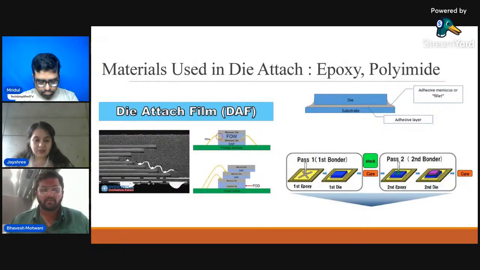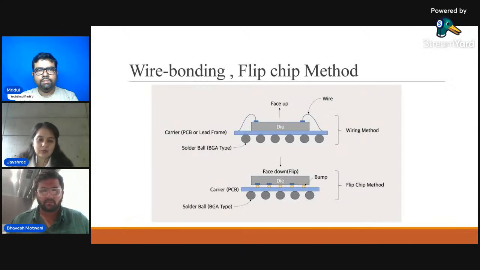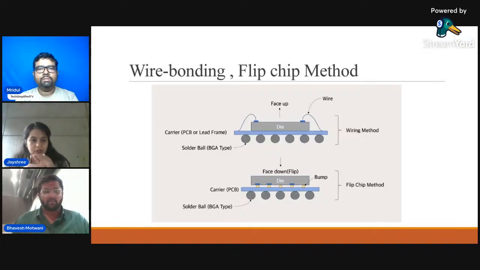After creating the die attached layer, we go for wire bonding or flip chip. What is wire bonding and what is flip chip? Think of it: a die is stuck over the substrate. Then how do we make the connections?